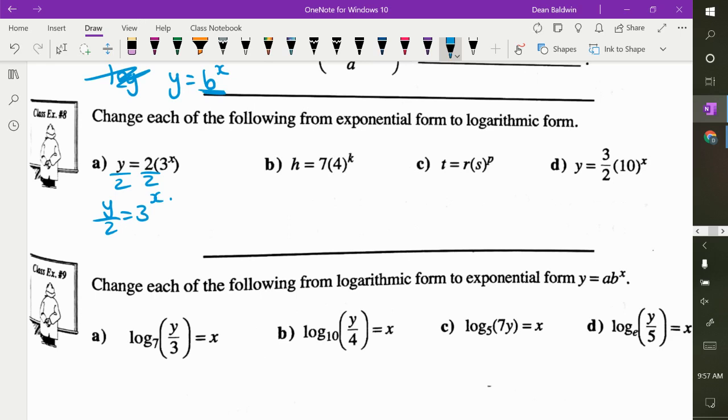Now convert to logarithmic form. What's the base? 3. So it's log base 3 of y over 2 is equal to x. And I strongly encourage you to write your base, your subscript, down low. And if necessary, put the y over 2, or whatever the argument is, in brackets.